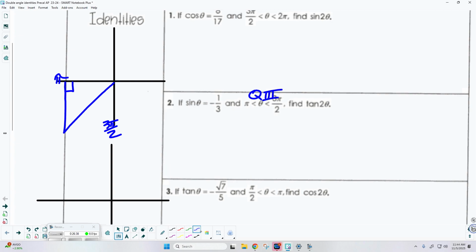Okay. Now, giving me sine, they're giving me the y value and the radius. So I know this height has to be negative 1, radius of 3, just like we've done before. Nothing new. Can anybody tell me what that other leg is?